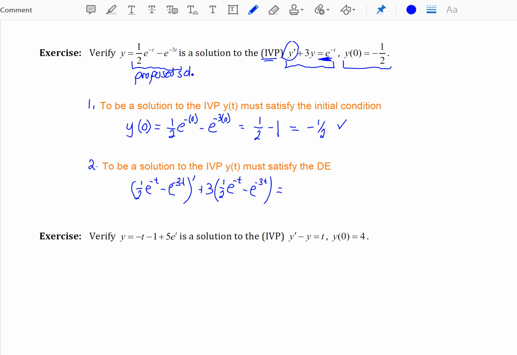So let's take some derivatives. The derivative of the difference of 2 functions is the difference of the derivatives. The derivative of the first function, 1/2 e to the negative t, would be negative 1/2 e to the negative t. The derivative of e to the negative 3t is e to the negative 3t times, by the chain rule, the derivative of the exponent, which would be negative 3, which would turn this into plus 3e to the negative 3t.